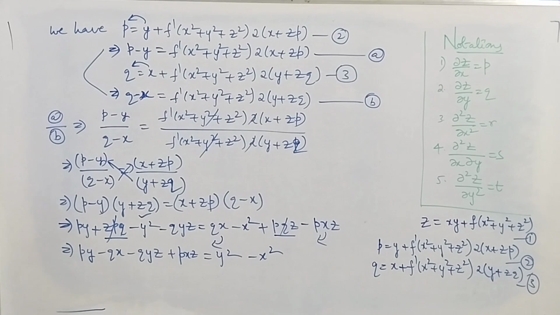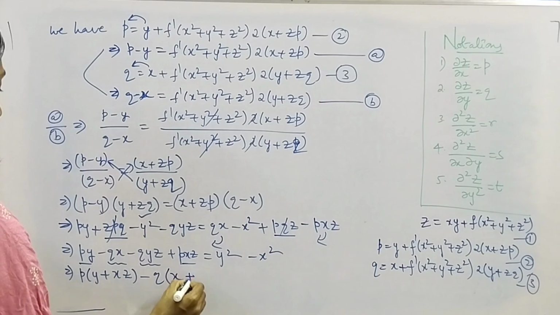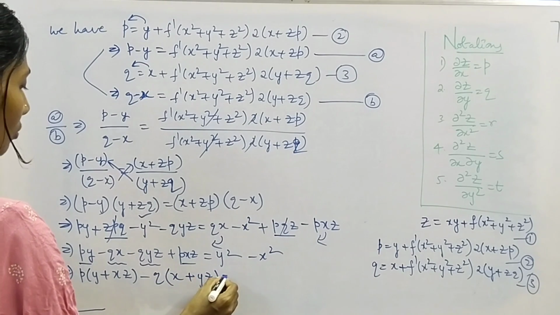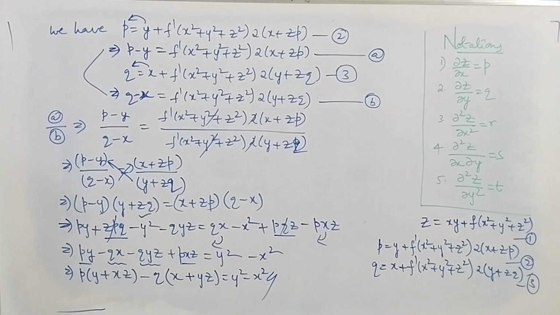Fine. Now let's take p common from these two terms and q common from these two terms. We'll get p times y plus xz minus q times, just take minus q common from these two terms, okay? We'll get minus q times x plus yz equal to y square minus x square, which is the required partial differential equation.